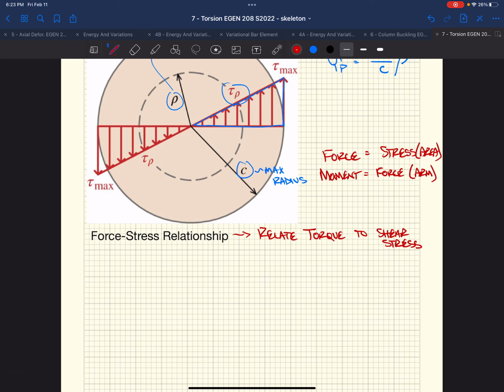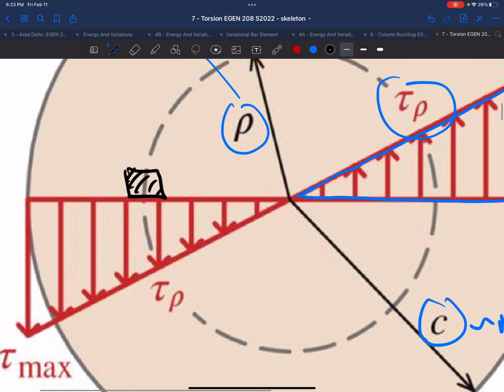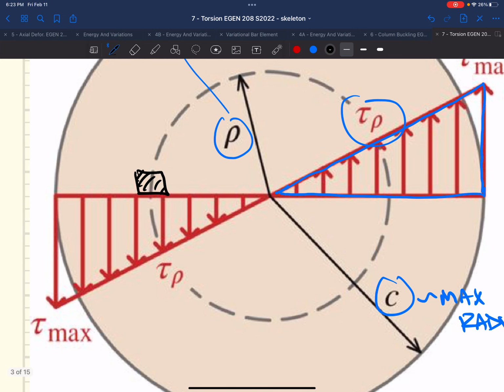So if we start by looking at this idea of force is stress times area, okay? If we looked at a very, very small area, I'm going to say it's a very small area, and it's oriented right there at a distance rho out from the center. That little small area, we're going to call it dA, is going to have some sort of stress.